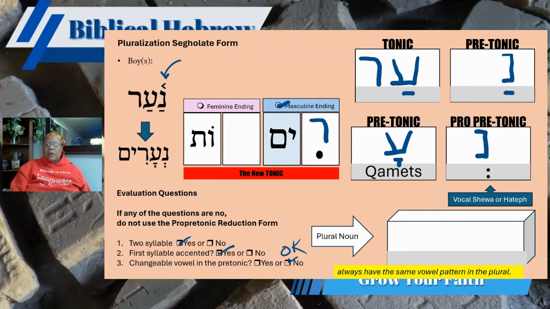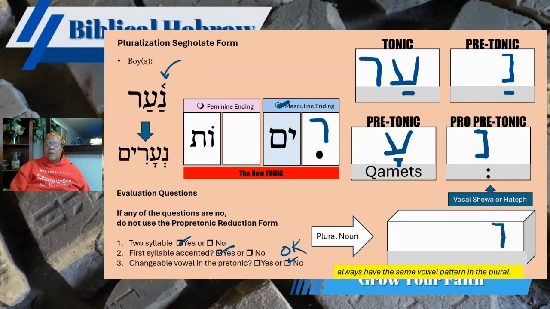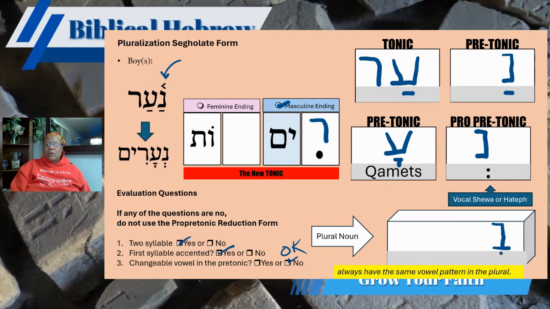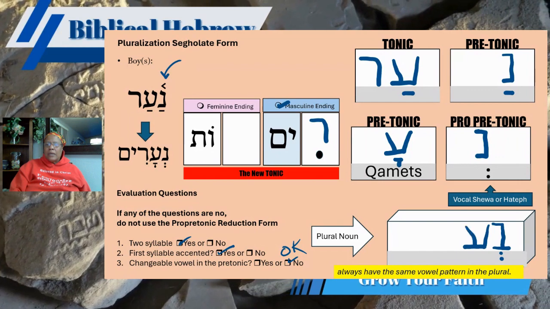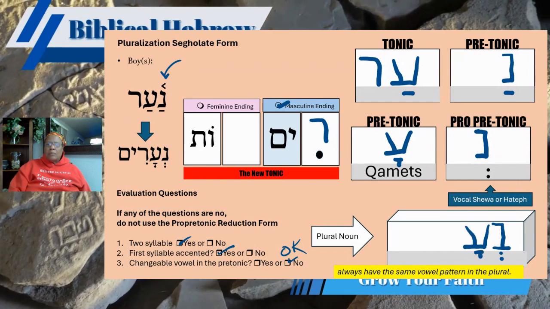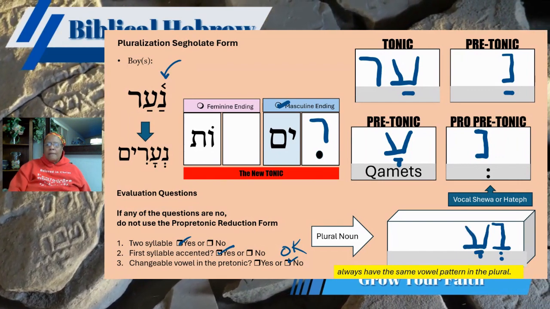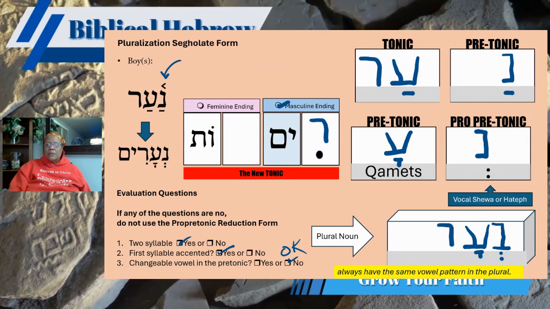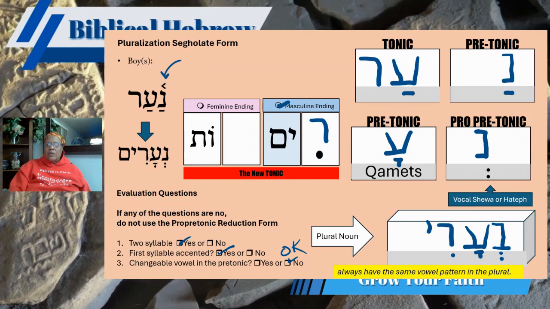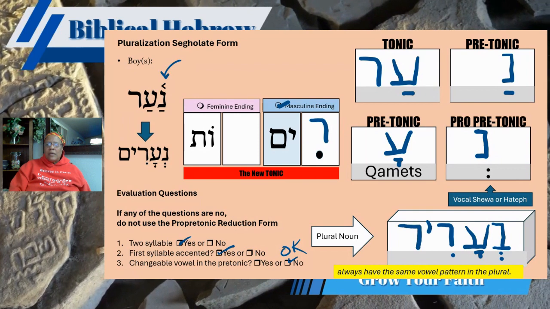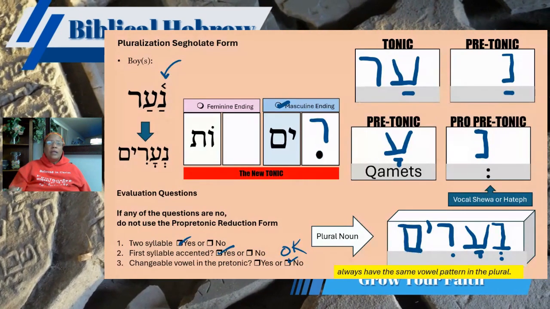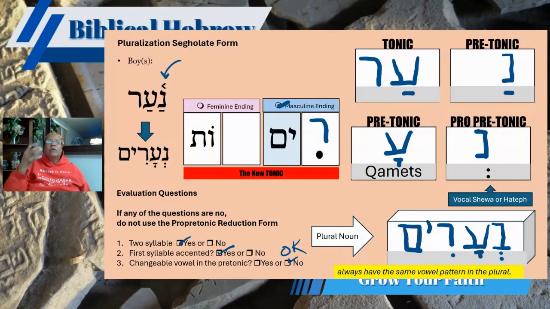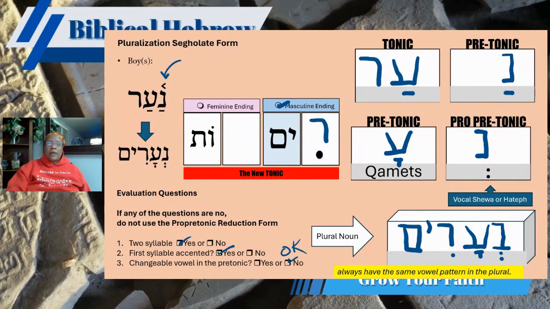Okay, so I'm going to now write the word all spelled out. Try to be as neat as we can. Doesn't always happen with my poor little hands. But I think you should be getting a good feel for how we convert singular to plural by now.